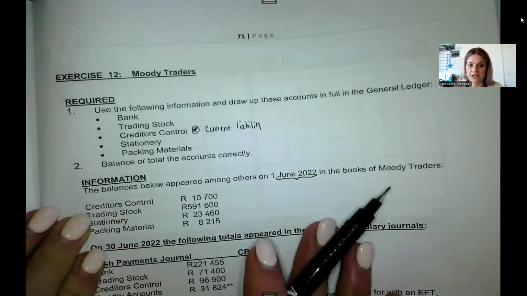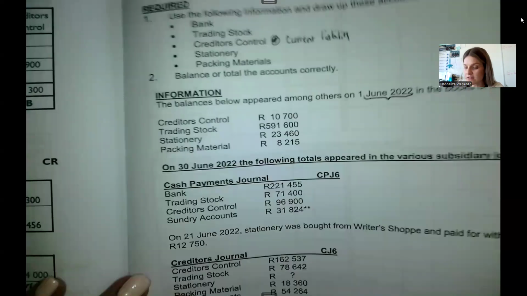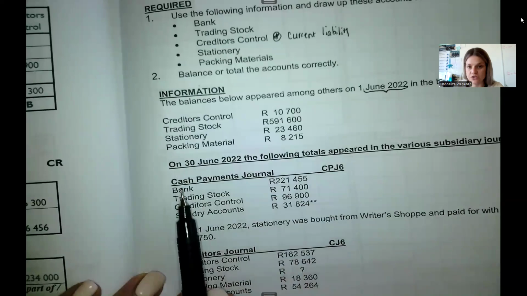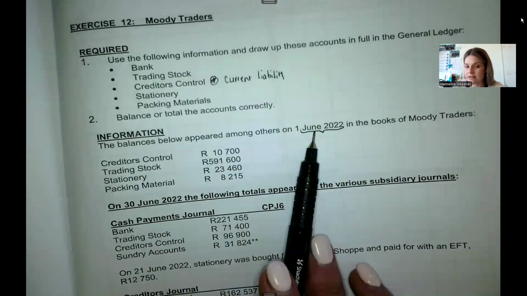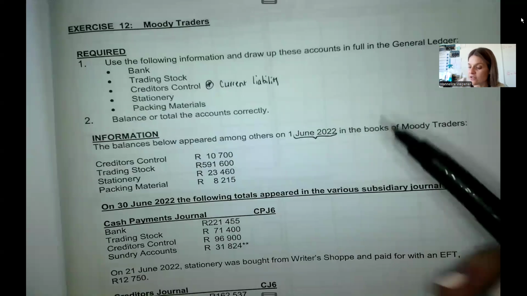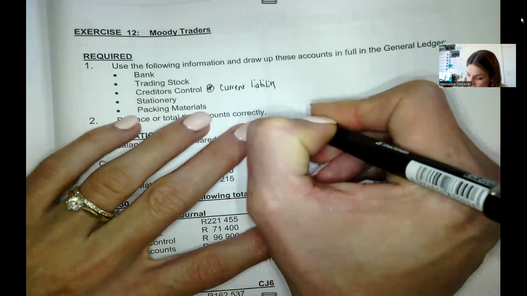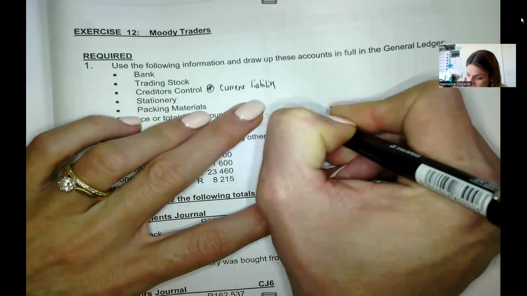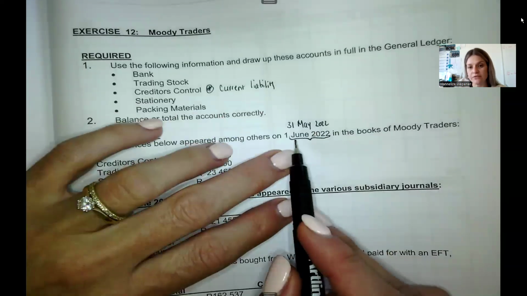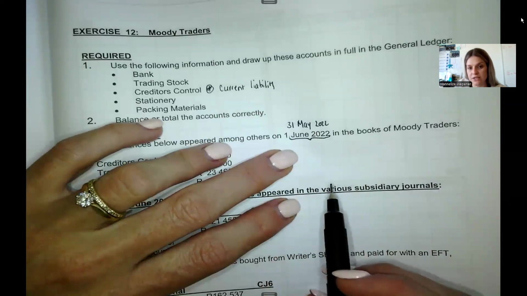You are doing the general ledger for the month of June because you had the following totals in your subsidiary journals. So in other words, these are the totals and the balances that you had on the 31st of May, 2022, that you are now starting with on the 1st of June, 2022.